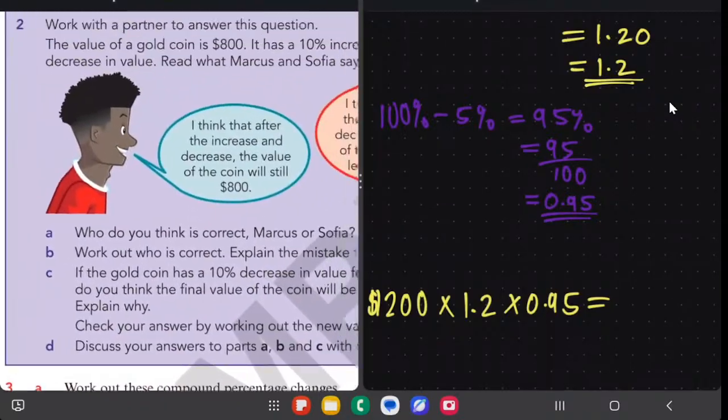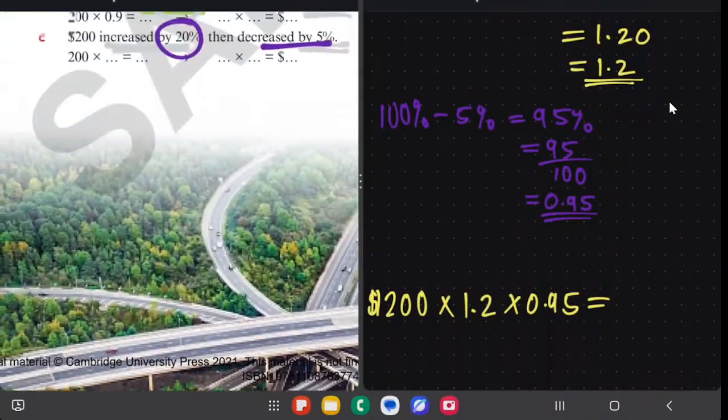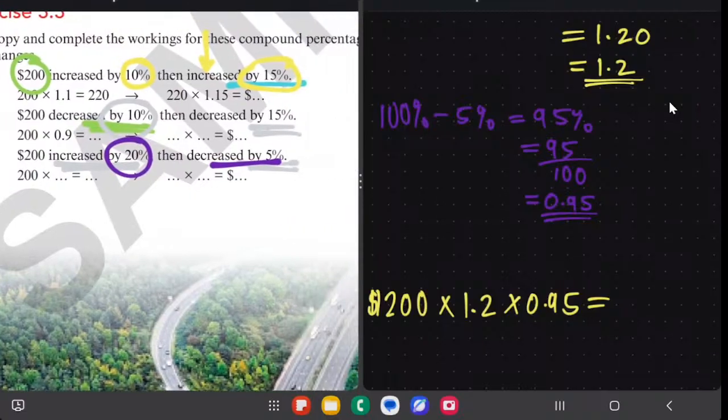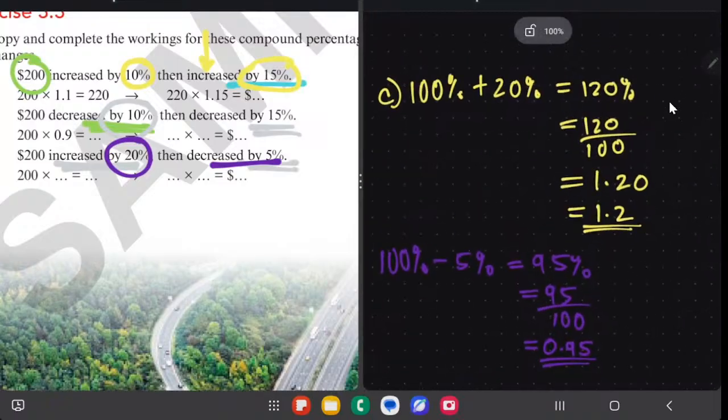I should scroll up. On the working. Okay, like this. Put it down.